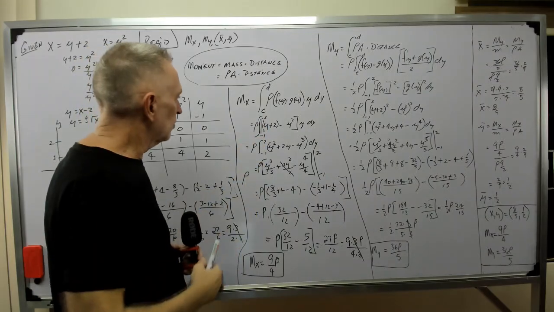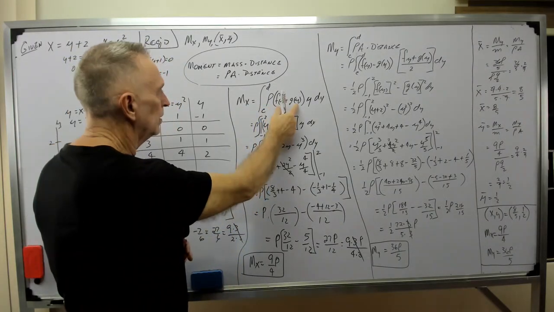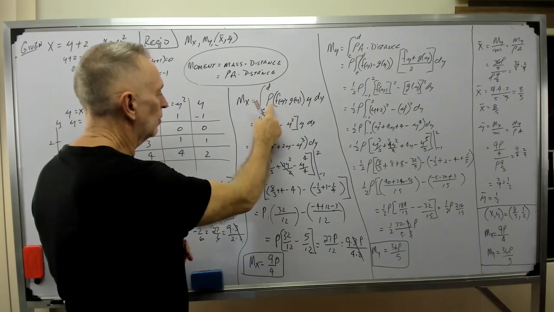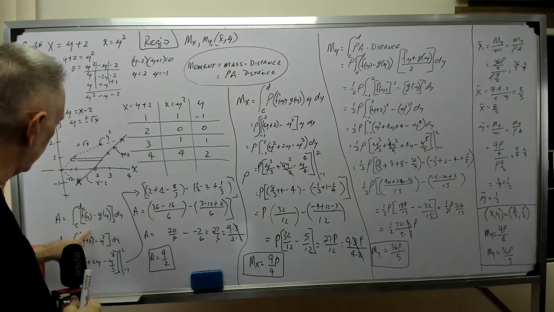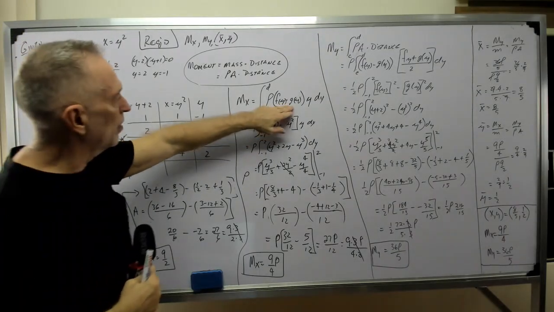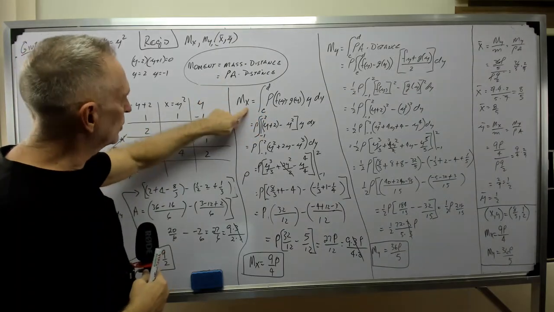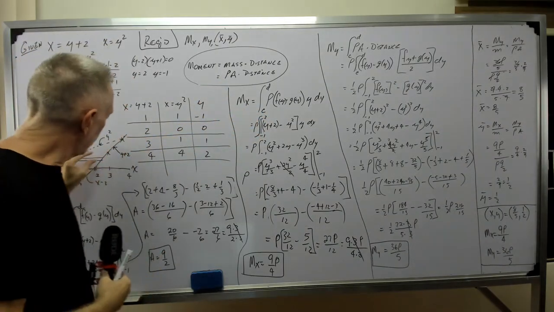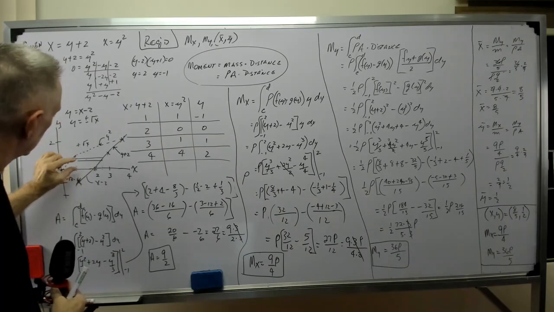Well, that's the integral of the mass, which is rho times the area. We just calculated area here, see? So it's that same formulation, rho times area times the distance our little differential rectangle is from the x-axis.